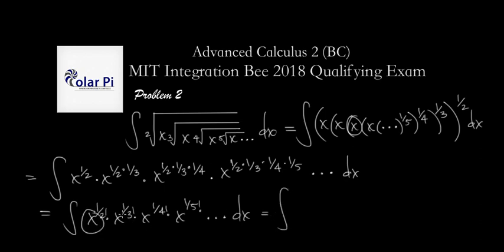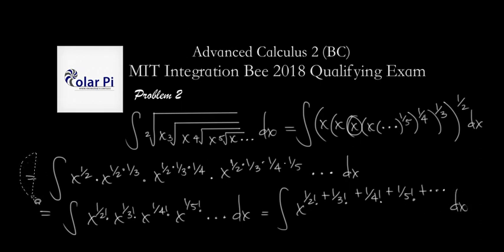Now look here. Since the bases are the same, we can add the exponents. So the exponents will have the sum x to the 1/2 factorial plus 1/3 factorial plus 1/4 factorial plus 1/5 factorial plus and so on, and then of course dx.